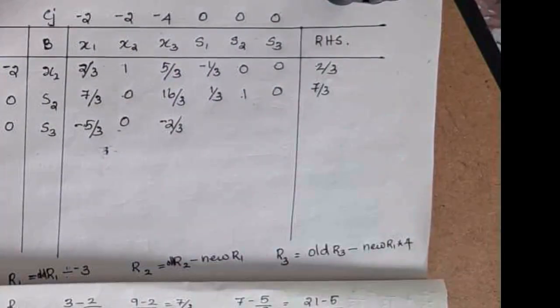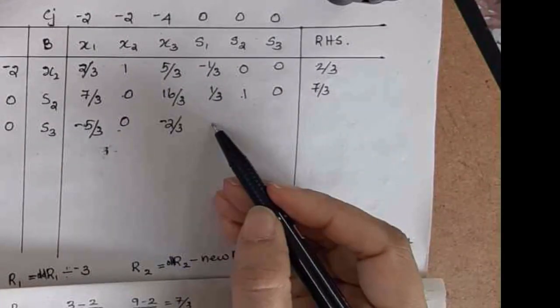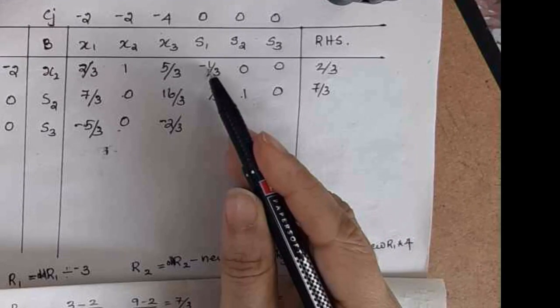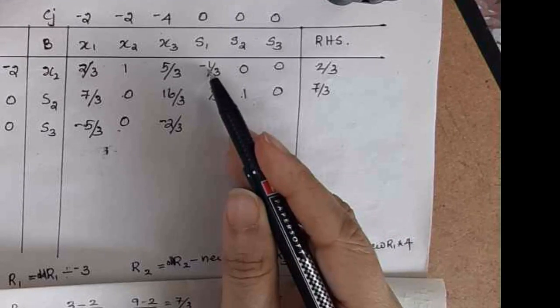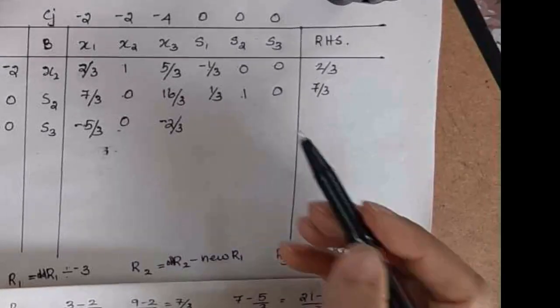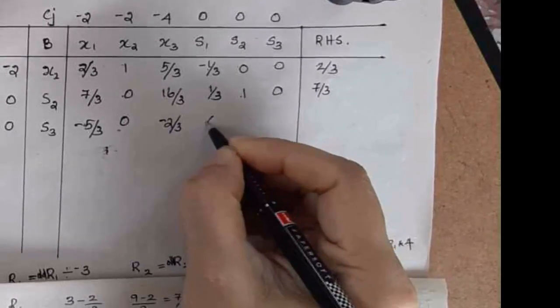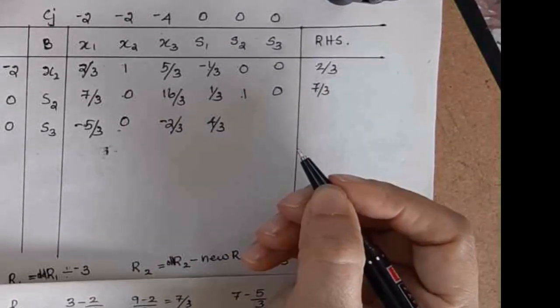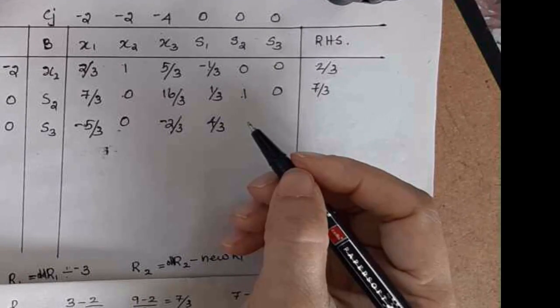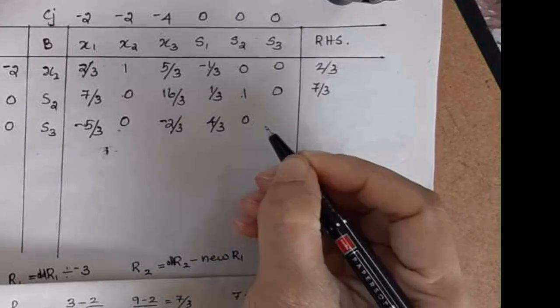Okay. Next we have S1. The value was 0 and here it is minus 1 by 3. So it is 0 minus minus 1 by 3, that will become 1 by 3. Just check and see. Then S2 value was again 0, 0 minus 0 is 0.